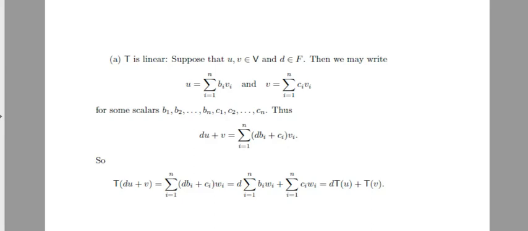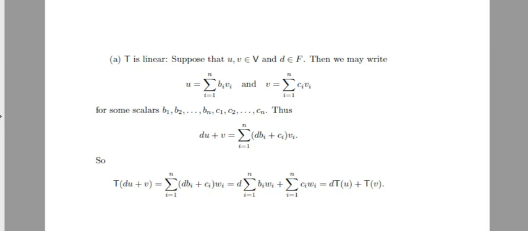Then du plus v is equal to summation of (d bi plus ci) times vi, and T(du plus v) is equal to d times summation bi wi plus summation ci wi, which turns out to be d times T(u) plus T(v). That is, T(du plus v) is equal to d T(u) plus T(v).